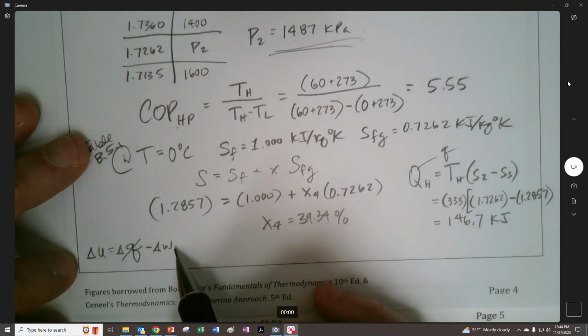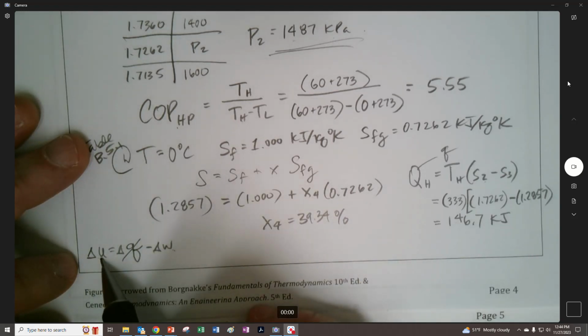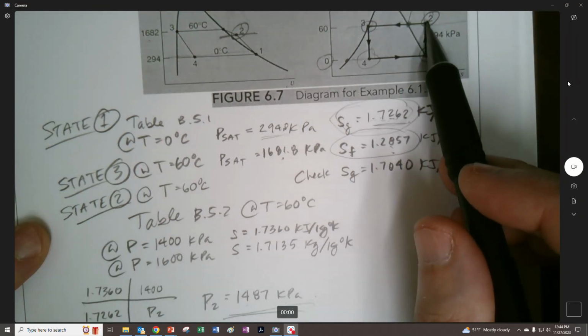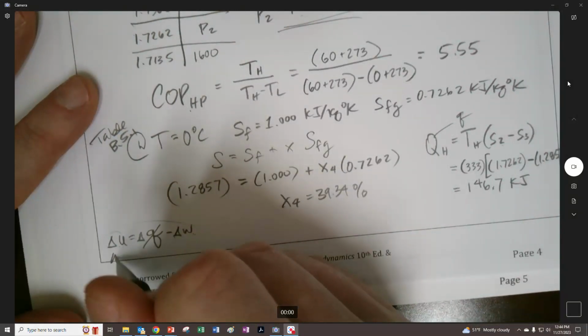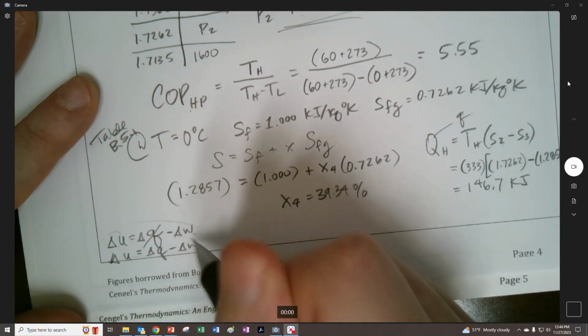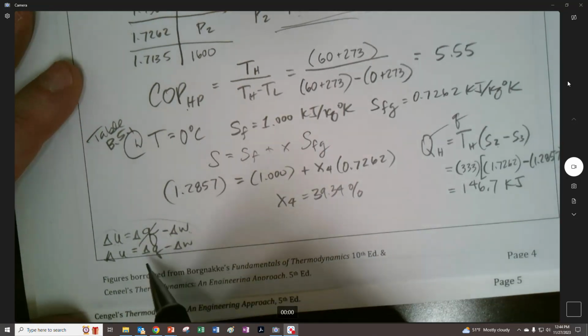So as we are going around the cycle, at each separate point we would find what the work is, either positive or negative, based on what the change in internal energy is going to be. Well, specifically we would use this right here with the Q's for this process and this process. But we would also find out what the net work was going to be based on this same equation, taking into account what the delta Q's were going to be.